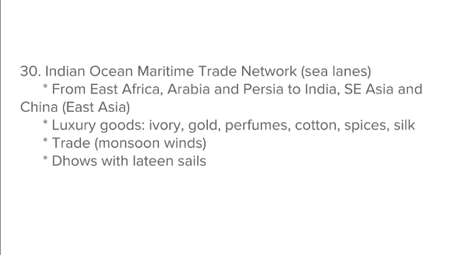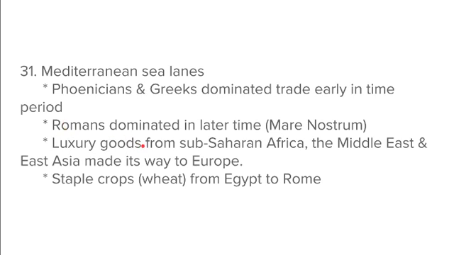That means that they have to sail at certain times in the year, and they're going to be forced to stay at their destination for a few months before the winds shift in direction and they're able to sail back home. Now, the main ships that they would travel on were called dhows, and the dhows were famous because they had these triangular sails called lateen sails, which allowed them to maximize the wind energy across the ocean.